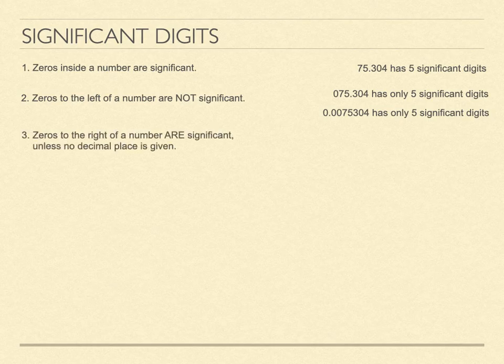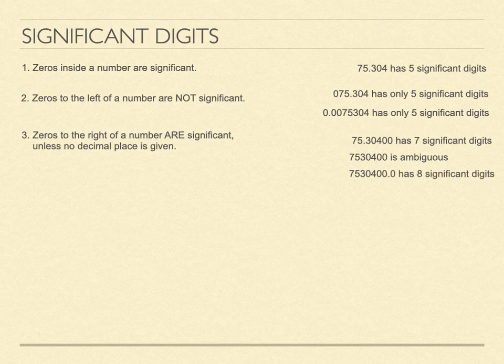Zeros to the right of a number are significant unless there's no decimal place given. 75.30400 has 7 significant digits. 75300400 is ambiguous. It's not clear if these last two zeros are significant or not.